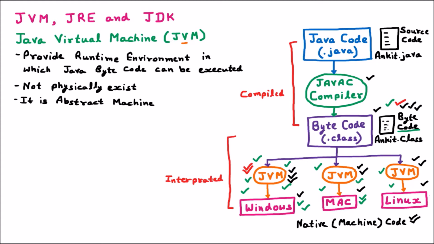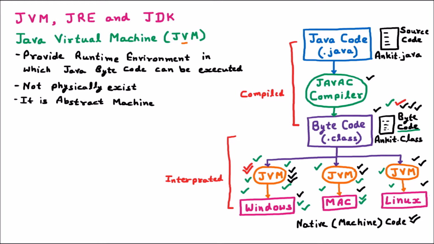But if you want to run the application in Java, then for that purpose, JVM is used. So JVM can only run Java applications line by line. Line by line means it is the interpreter. So JVM is the interpreter which runs line by line and it only runs the Java application.